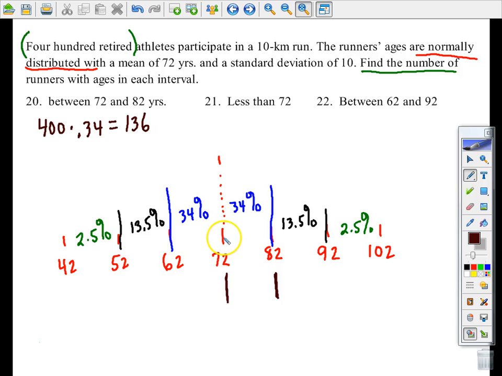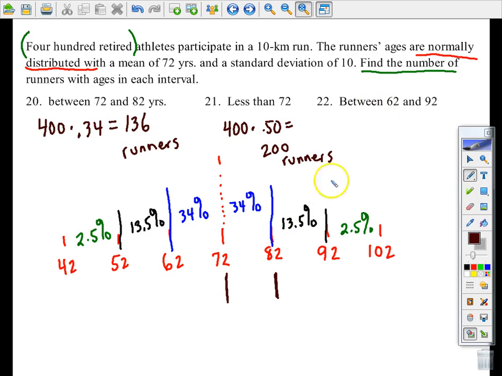Or you could also look at it as that's half of my runners. Half of my runners are less than 72 years old. So I'm going to take the number of runners, 400, and multiply by 50%. And of course, that's 200 runners.